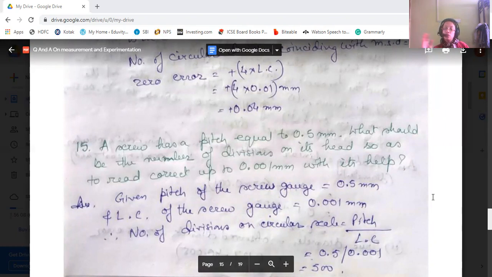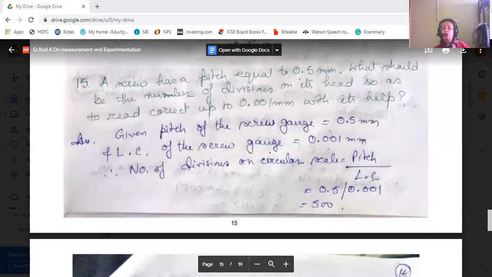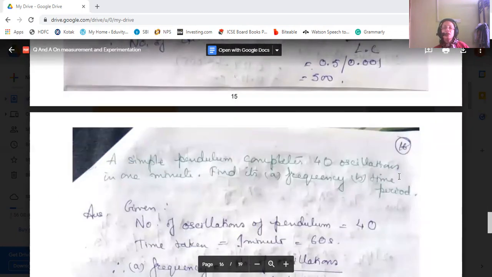Interchanging, we need to find the number of divisions, so pitch by least count will give the number of divisions of the circular scale. So 0.5 by 0.001 will be equal to 500 divisions on the circular scale.